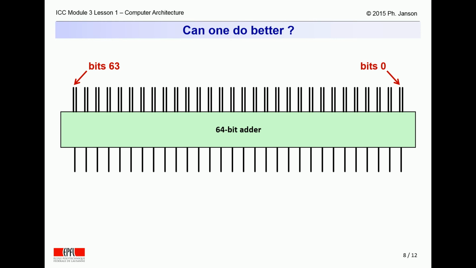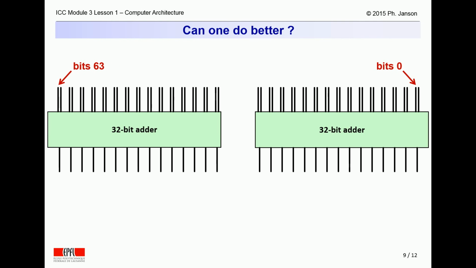Could we possibly do any better? If we imagine that we need to add 2 64-bit numbers, the total time to do this is bounded by the need to compute 63 carry bits. Can we hope to gain anything by splitting the 64-bit number into 2 32-bit numbers and transferring 1 carry bit between the 2 operations?